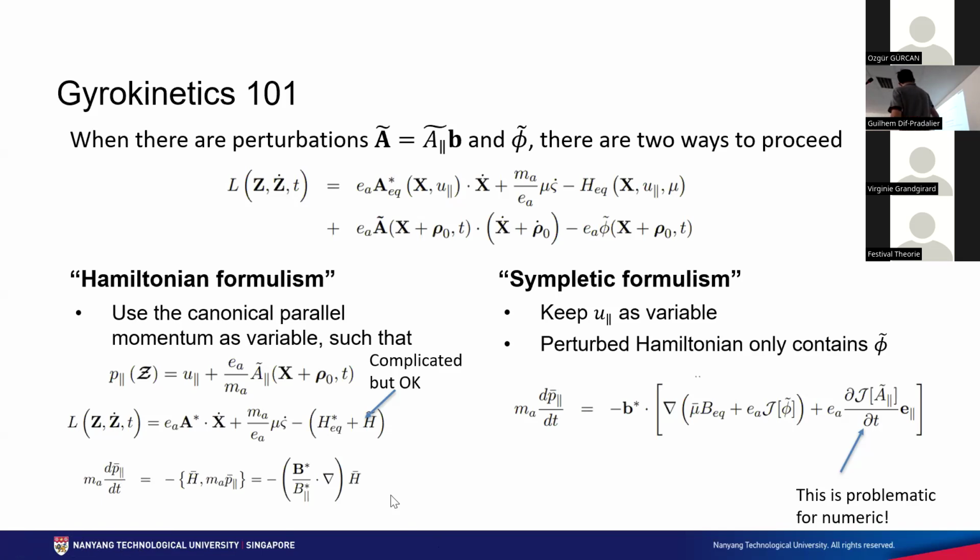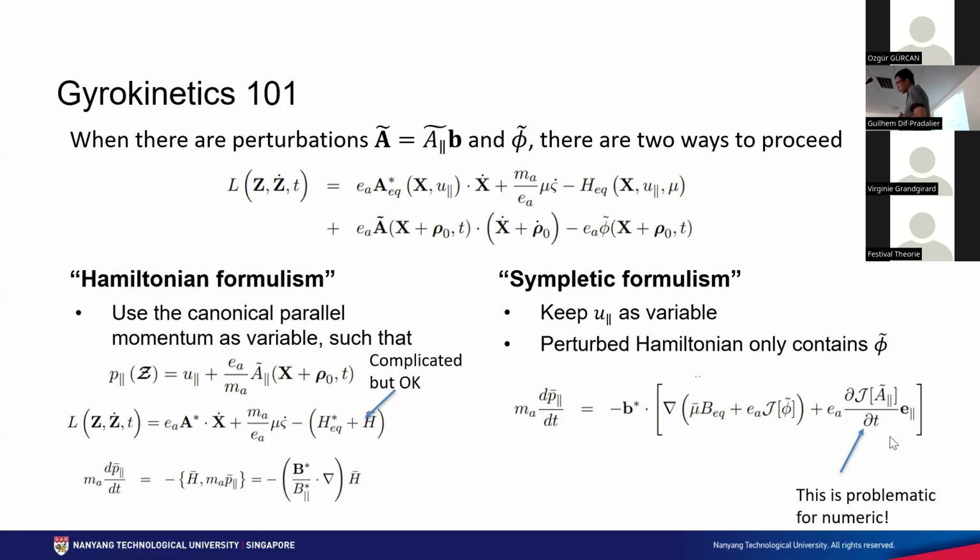The other way is that we don't do this. We just keep u parallel, the parallel velocity, as the variable, and then we do the same business. If you look at the equation for p parallel, you see that there is a part to do with the partial time derivative of A parallel.